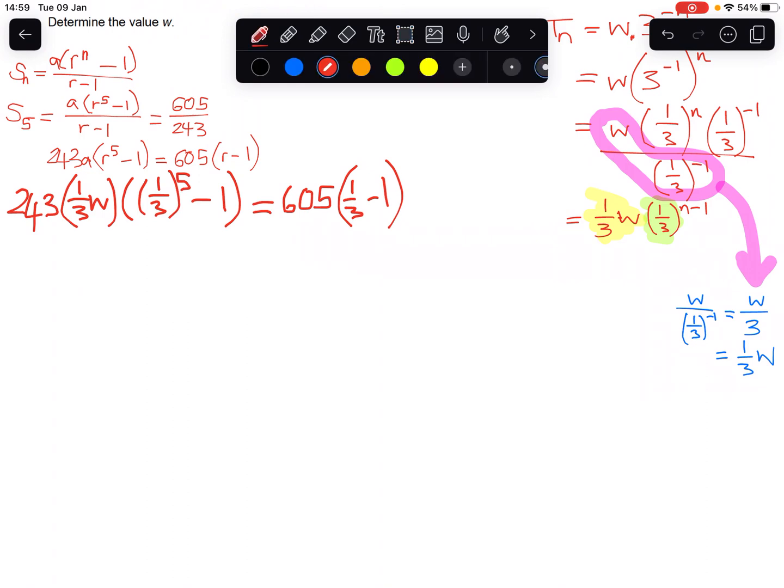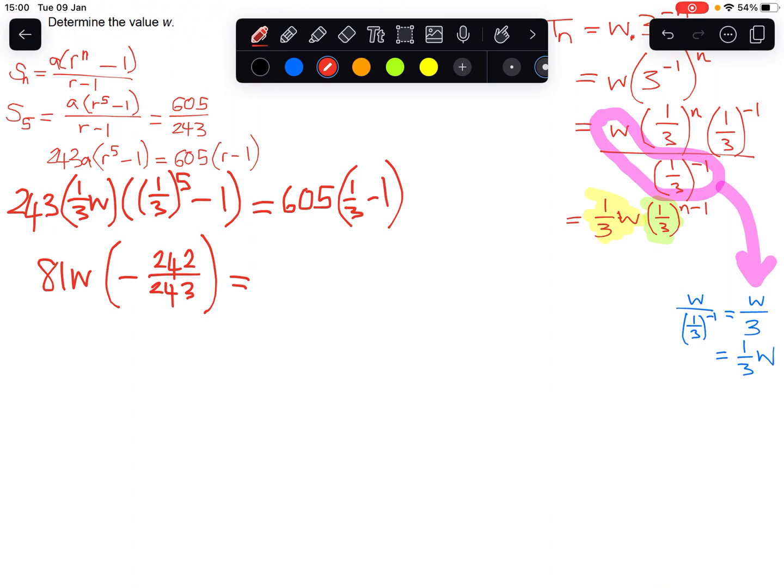So on the left-hand side, we've got 243 times a third, which is 81 W. And then inside here, we have a third to the power 5 minus 1. And I think that gives us minus 242 divided by 243, right? And then over here, we have 605 times a third minus 1.